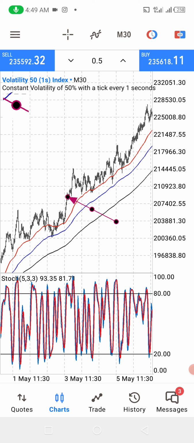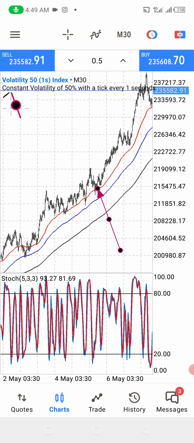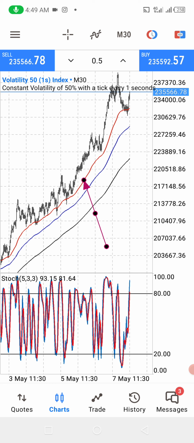If you study this moving average, there is no way you will sell in this market. Even when you see a sell signal, there's no way you will sell. Why? Because what it keeps doing is to obey the moving average. It is trading above the moving average, and you should look for buys. You see, it dropped from here to here and it's still buying. The moving average and the price action are working together.